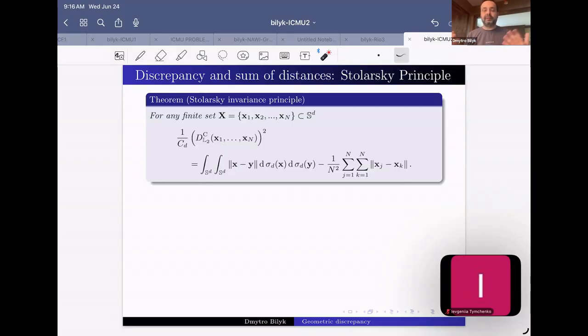It's not just related problems, this is the same problem. Also, very often you can rewrite it, you can just add this to both sides, and then that would say that a constant times the discrepancy plus the sum of distances is a constant. So that quantity is invariant. No matter how you change the points, that's invariant. That's why it's often called the Stolarsky invariance principle.